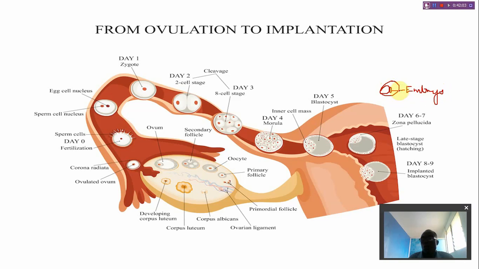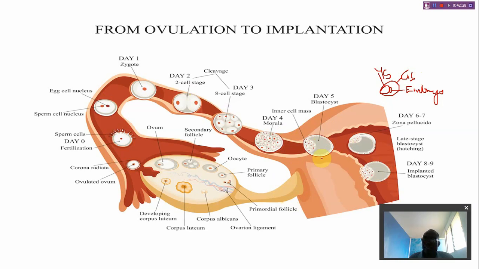Okay, and that's the yolk sac. So this is the gestational sac. Good. So this is just a simple explanation of the movement of an egg and a zygote into the womb.